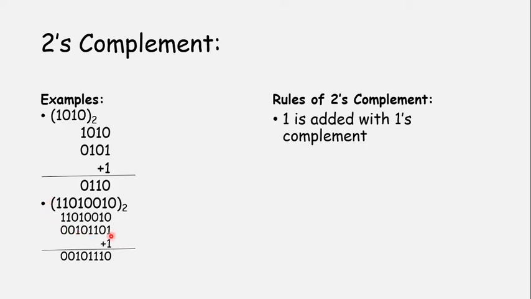Then I will add 1 to it. 1 plus 1 will be 0, 0 plus carry 1 will be 1, and the remaining bits are 1, 1, 0, 1, 0, 0. So 00101110 is my two's complement of 11010010.